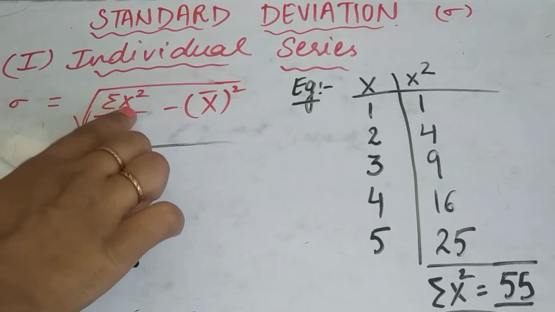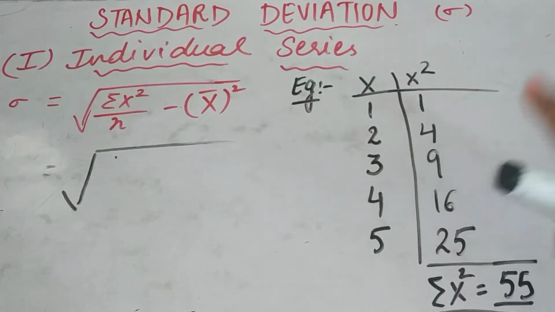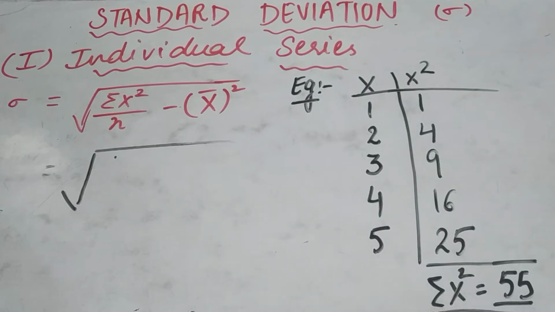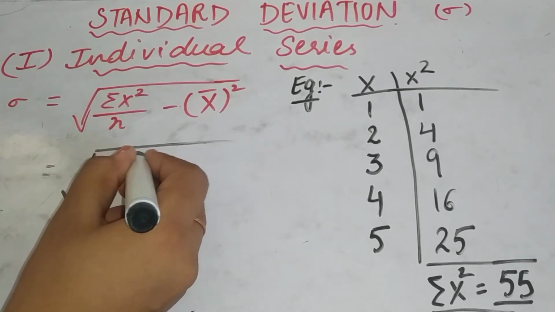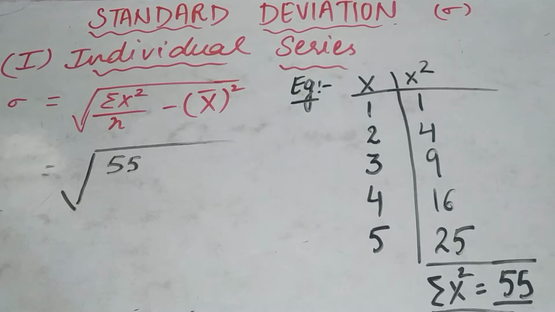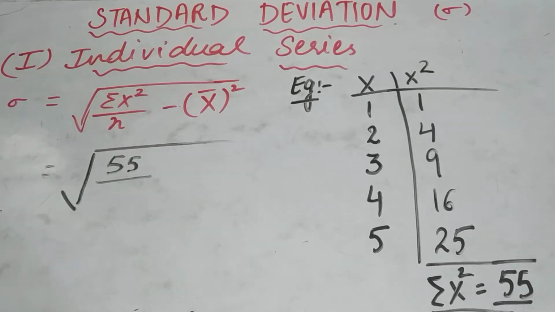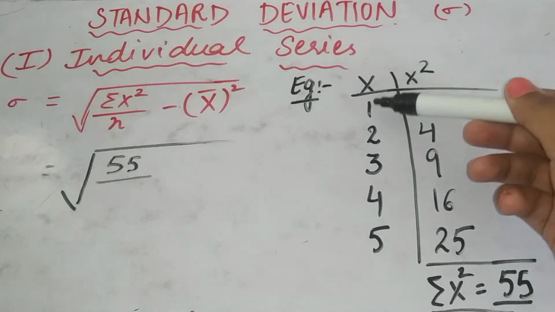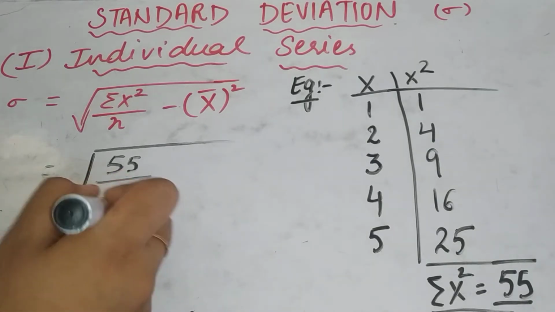This is summation x square, meaning each term is squared first and then summed. In this case we need summation x square instead of summation x whole square. Now n is the number of terms. How many terms are there? 1, 2, 3, 4 and 5. So 5 terms are there.